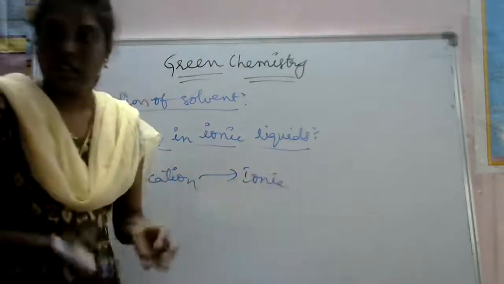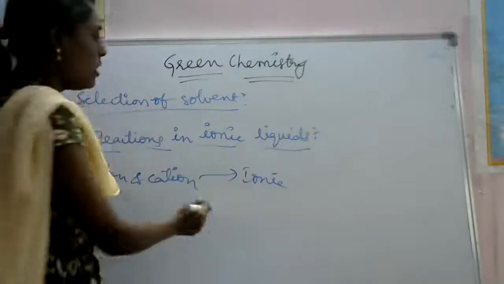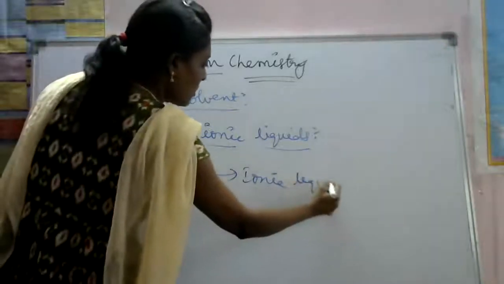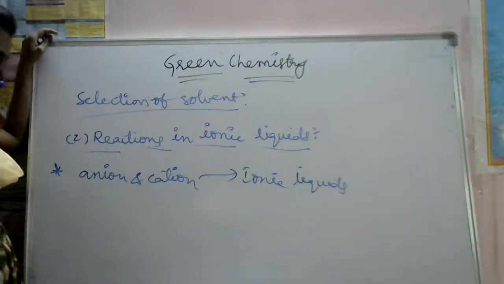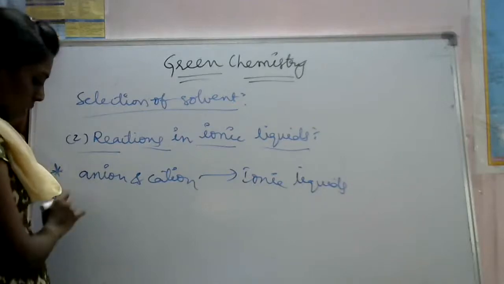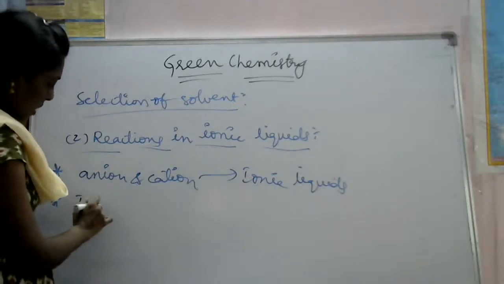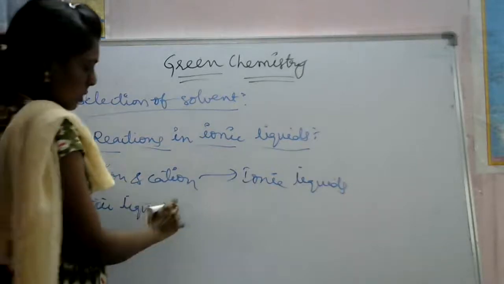Ionic means it has both cation and anion, in liquid form. So these are called ionic liquids.